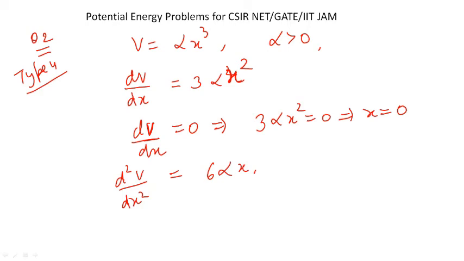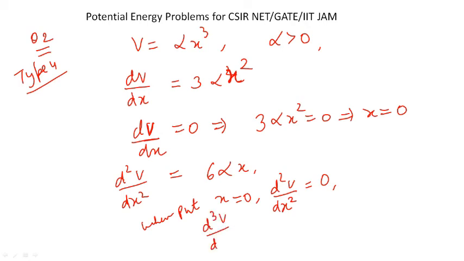Now when we put x equal to 0, you see that d2V over dx2 is equal to 0. Now we will find d3V over dx3.